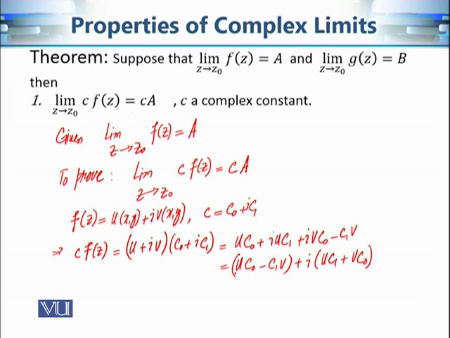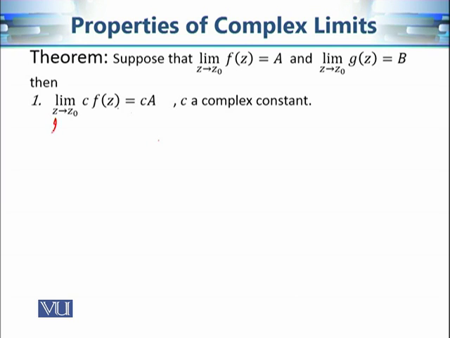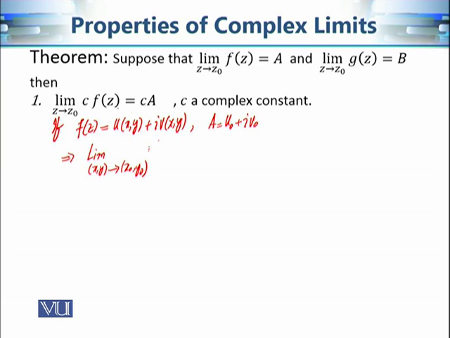And if I calculate the limit of this real valued function u c naught minus c1 v, then using this fact: if our complex valued function f of z has the real and imaginary parts u of xy plus iota v of xy, and if the limit a is in fact u naught plus iota v naught, then using the connection between the limits of complex valued functions and the limits of real valued functions, we have the following two limits: the limit as xy approaches x naught y naught of u of xy is equal to u naught.